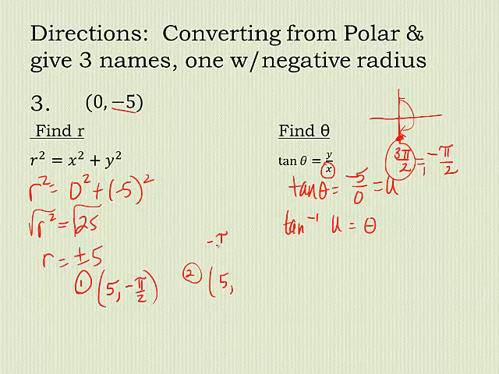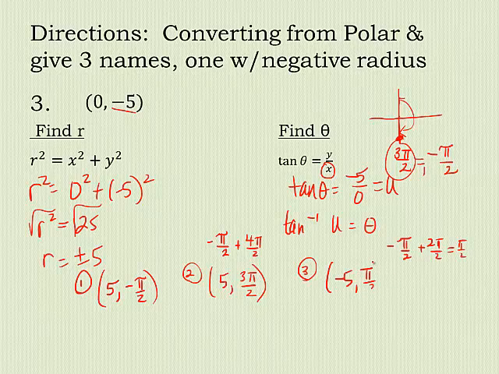I take negative pi over 2 and add 2 pi. So that would be 4 pi over 2, which gives 3 pi over 2. And then for my third point, the radius becomes negative, and for theta, I'm going to take my angle and add a pi, which is 2 pi over 2. So it's positive pi over 2, which makes sense because tangent would be undefined up here too. So there's my 3 points.